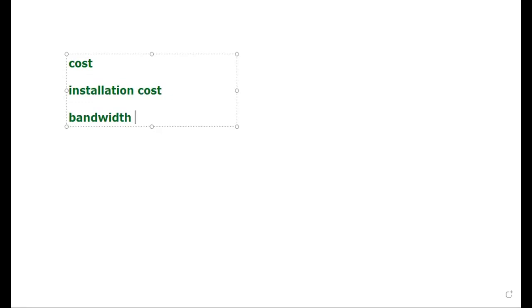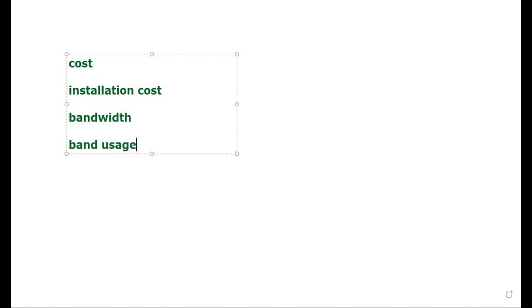Then band usage. There are two types of band usage. One is called baseband and the second one is called broadband. In baseband, the whole band of frequencies is sent as one band.